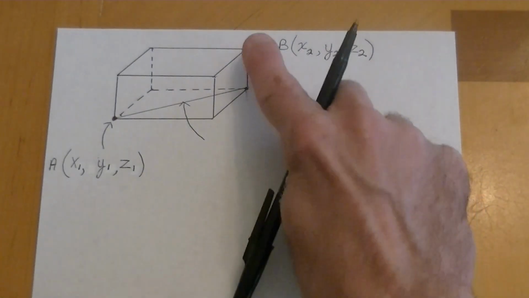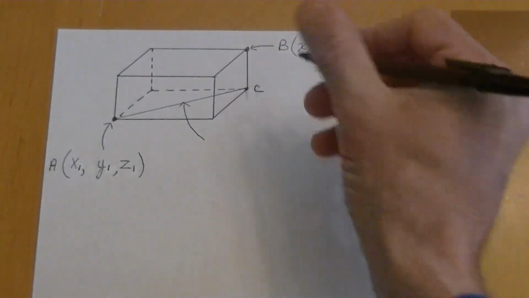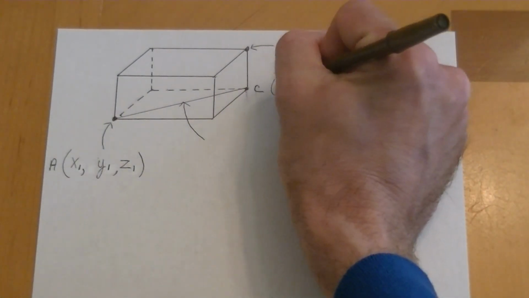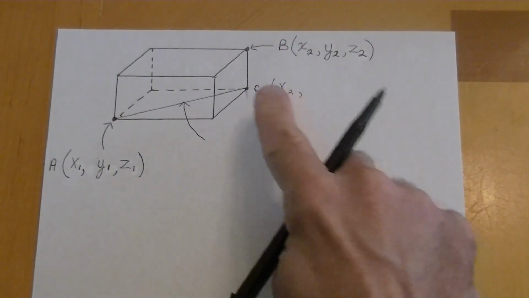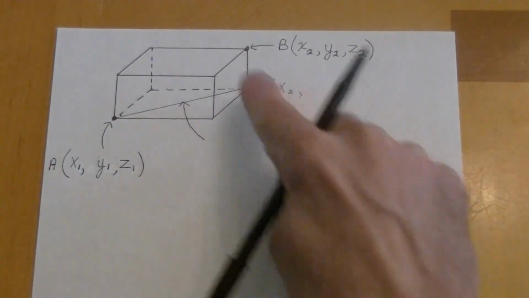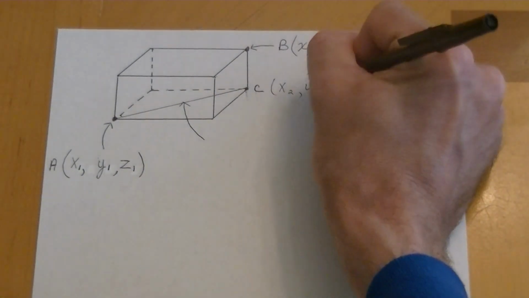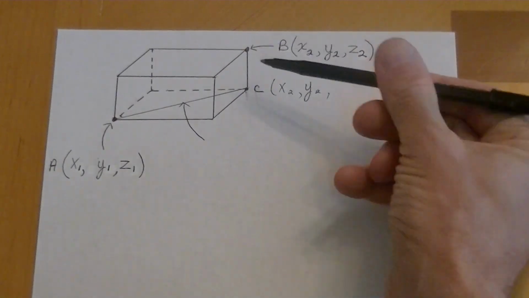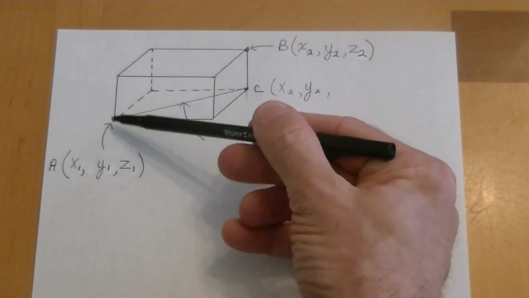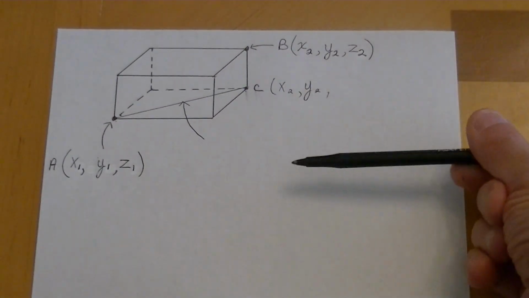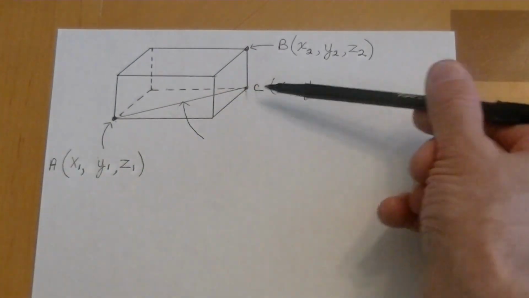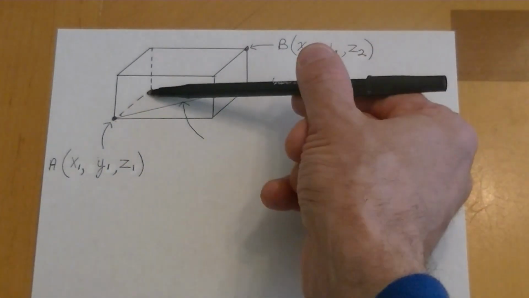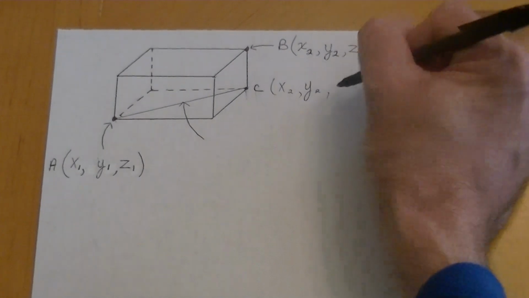This point has the same x value, the same front backness as B, so it's going to be x2. It has the same y value, it's no further left or right from B, so it's y2. But it has a different z value, but it actually has the same z value, which remember is the vertical distance, as A. It's on the same bottom plane of this prism as A, so z1.